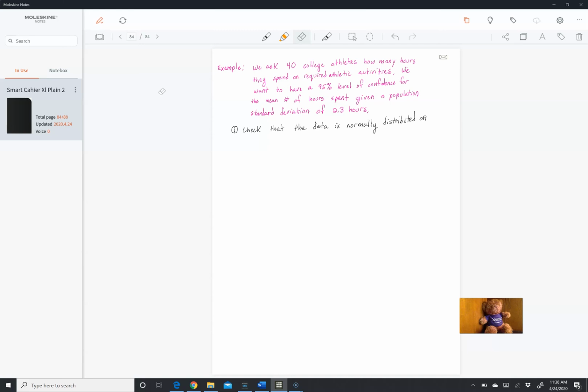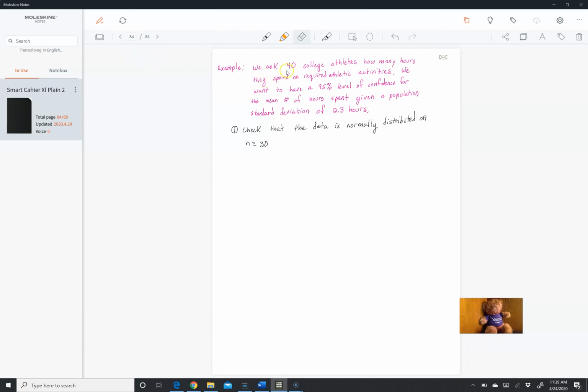So when you're given a problem, most of the time, I would say all of the time, the data is either normally distributed or n is greater than or equal to 30, but you still need to check. It doesn't say that it's normally distributed.